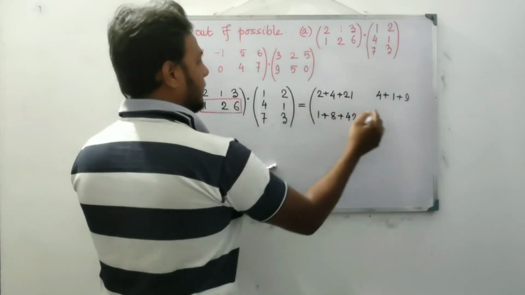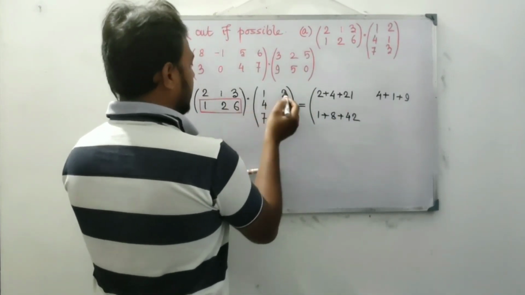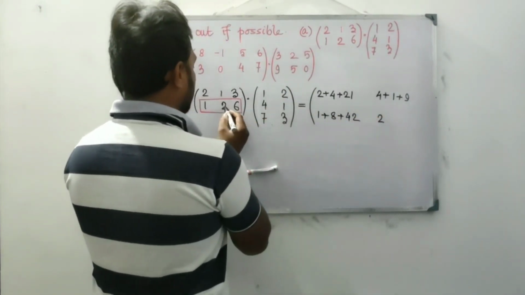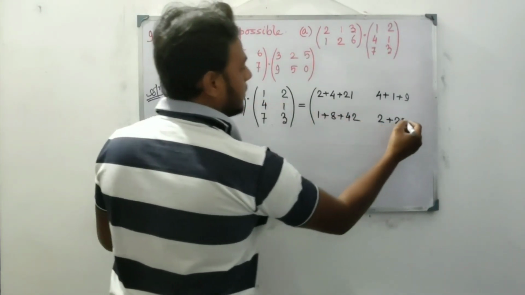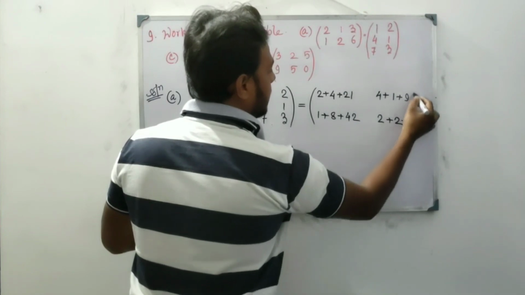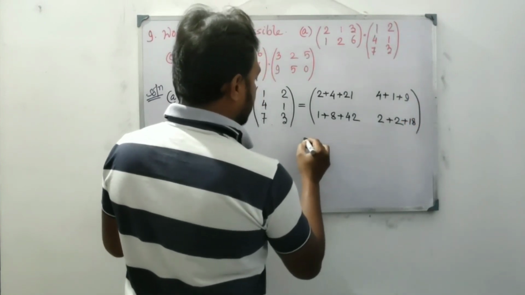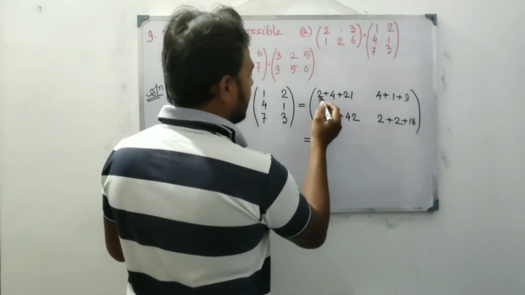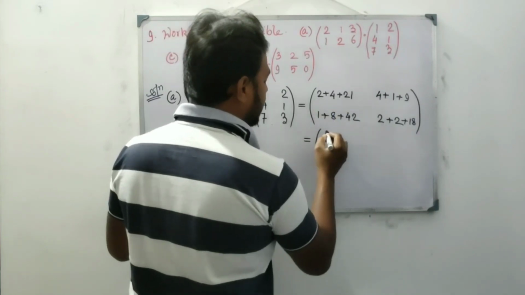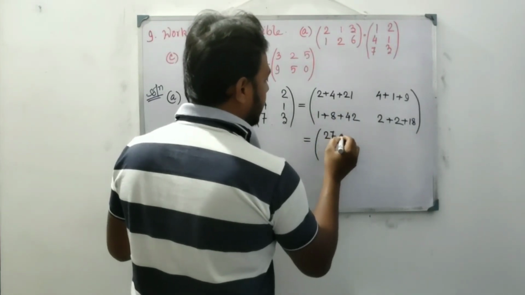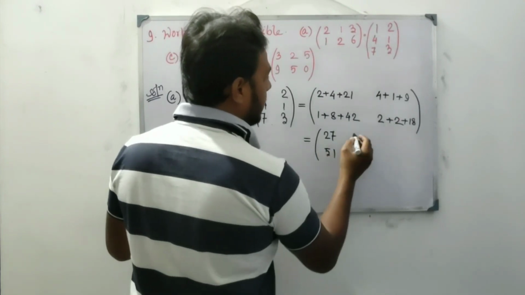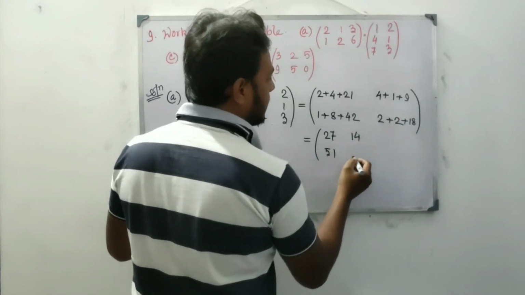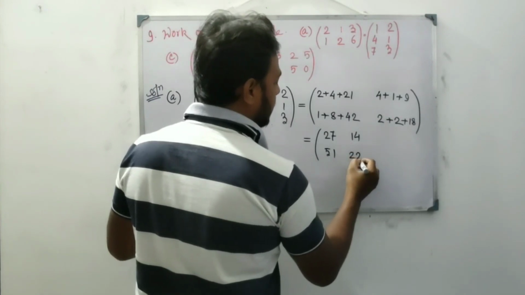Now with the second column: 2 into 2, 2 into 1, 2, and 6 into 3, 18. Now simplify it: 4 plus 6, 6 plus 21, 27, and it will be 14, and it is 22.